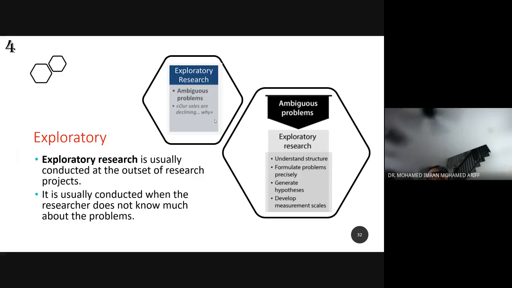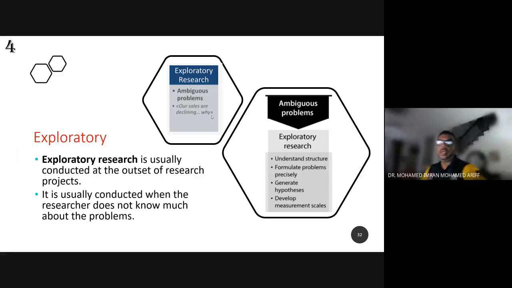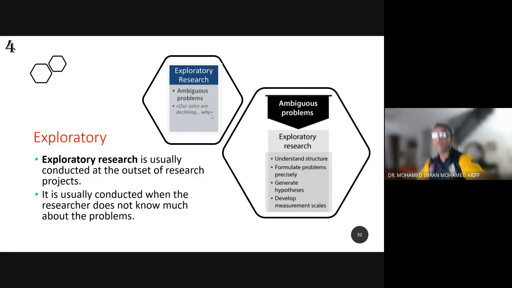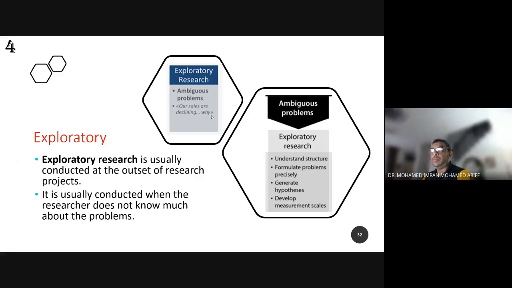You are unsure, that is why I put here, our sales are declining. Why? You want to explore. Why is our sales declining? Why is there no water in Selangor? That is exploratory. This has nothing to do with anyone, it is purely coincidental. But it is exploratory research. You want to explore why this is happening.